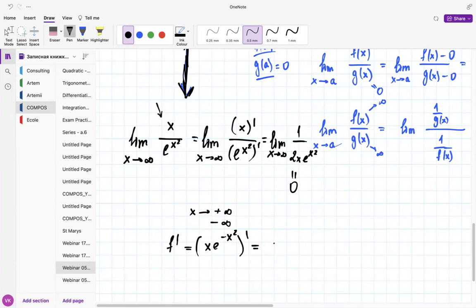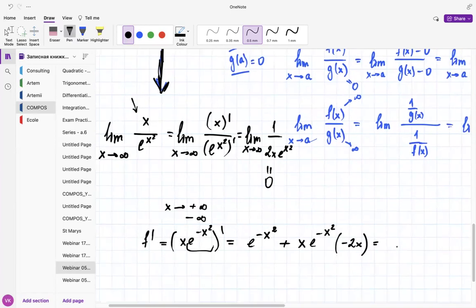While you're trying to figure it out, I'll start by just developing it. Oh yeah, somebody's already, okay, so that would be first function prime, which is 1, second function untouched. Then plus first function stays as it is, and we take the derivative of this one, which is a chain rule, so I get e to the power of minus x squared multiplied by minus 2x, right?